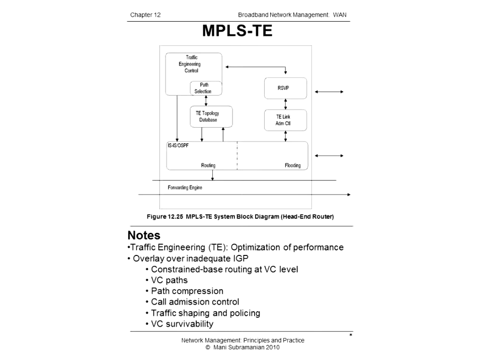So it includes, first, constraint-based routing at VC level. Second, support for administratively configurable explicit VC paths. Thirdly, we have path compression. Fourthly, call admission control functions. Fifth, traffic shaping and traffic policies functions.